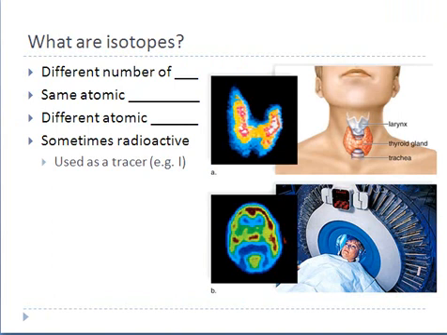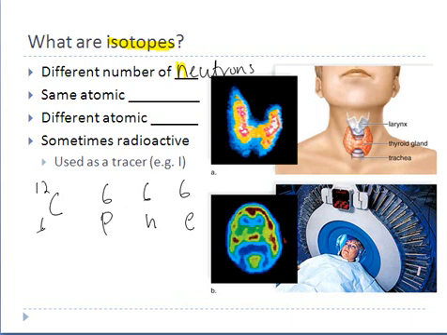What are isotopes? Isotopes are variations of atoms, and they differ in the number of neutrons. In the previous example when we did carbon, we said there were 6 protons, 6 neutrons, and 6 electrons, and this was how it was written.